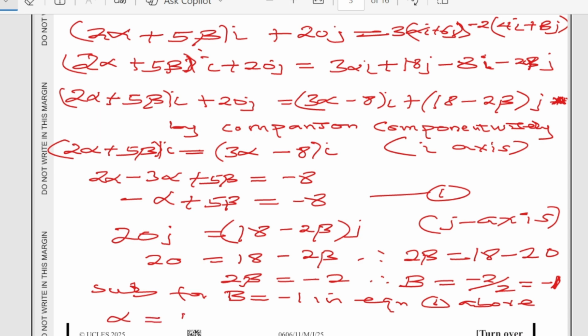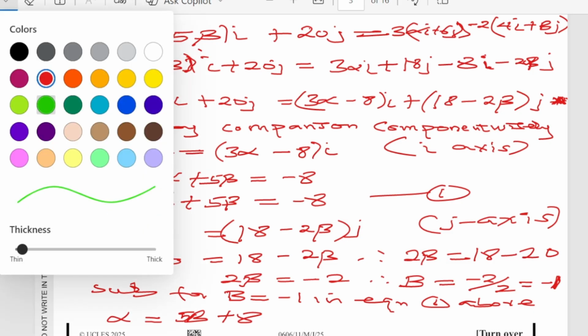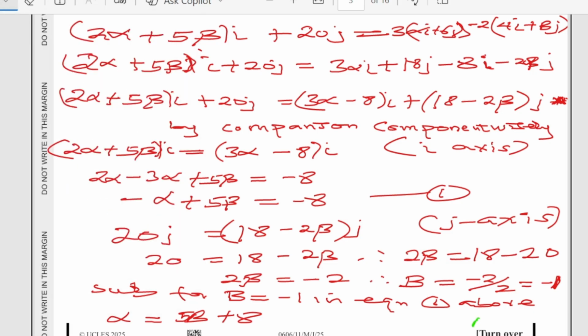Then I can write it as 5 beta, then plus 8. So by substitution, this will give me 5 into beta, which is minus 1, plus 8. So this is minus 5 plus 8, which is equal to 3. So with this, my answer to the question is alpha is equal to 3 and beta is equal to minus 1. So you just write it.